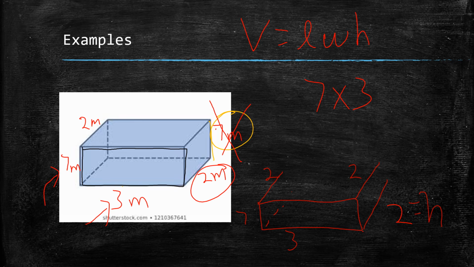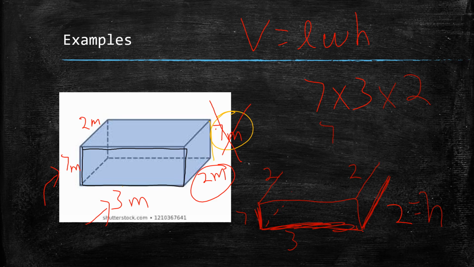So you have 7 on this side, you have 3 on this side, and then one number coming off of it is the 2. So your problem becomes 7 times 3 times 2. This will give you your answer. So it doesn't matter how you multiply. You can do 7 times 3 first, but I think 3 times 2 is easier.